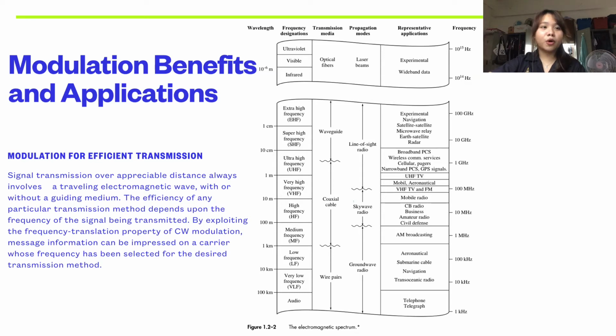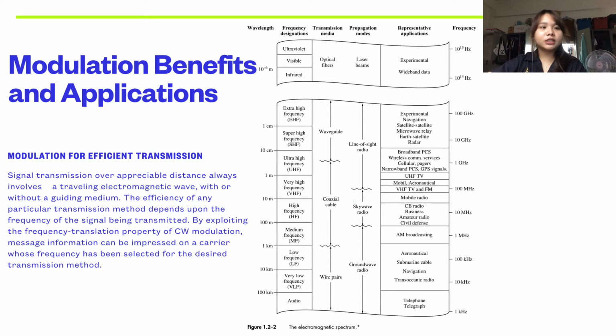As a case in point, efficient line-of-sight radio propagation requires antennas whose physical dimensions are at least 1/10 of the signal wavelength. Unmodulated transmission of an audio signal containing frequency components down to 100 Hz would thus call for antennas some 300 km long.